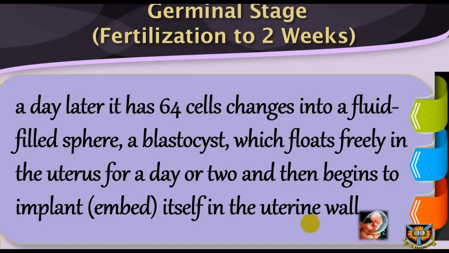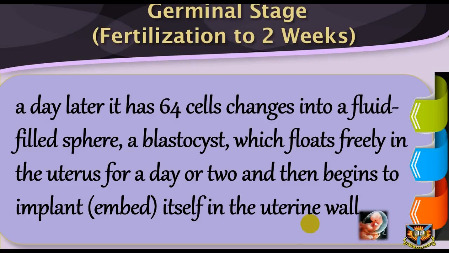It produces the hormones that support pregnancy, prepare the mother's breast for lactation, and eventually stimulate the uterine contractions that will expel the baby from the mother's body. The amniotic sac is a fluid-filled membrane that encases the developing baby, protecting it and giving it room to move.